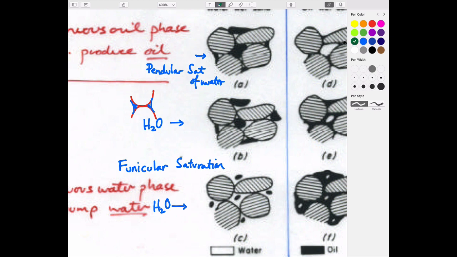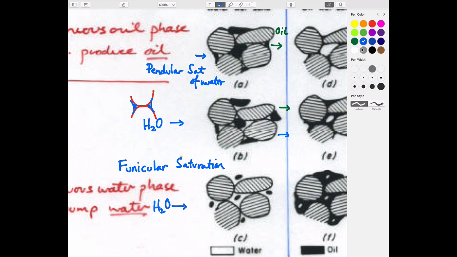So here you produce only oil. Here you produce oil and water, because now it's connected all the way across here. You can get from one side to the other in water, and you can also probably still get from one side to the other in oil.